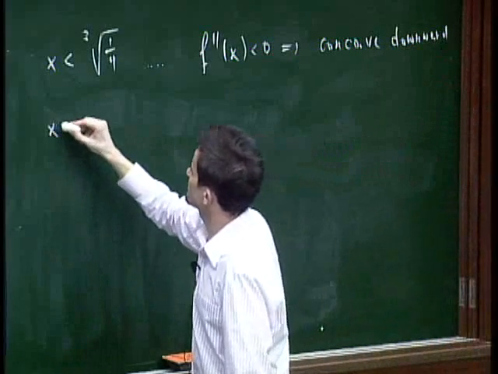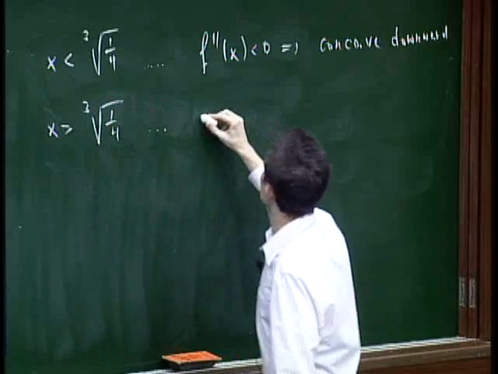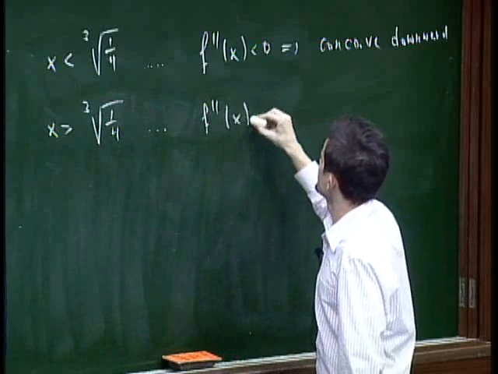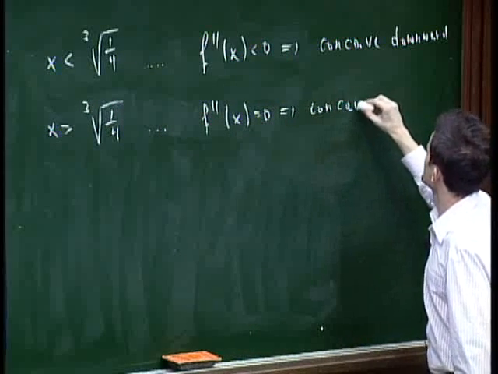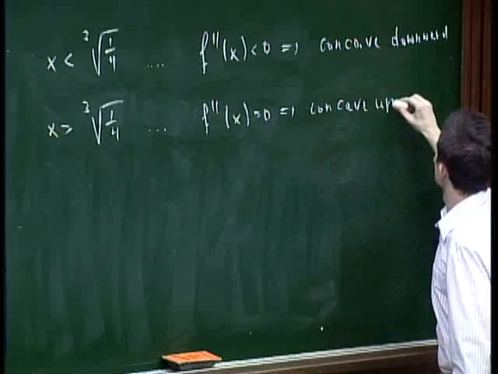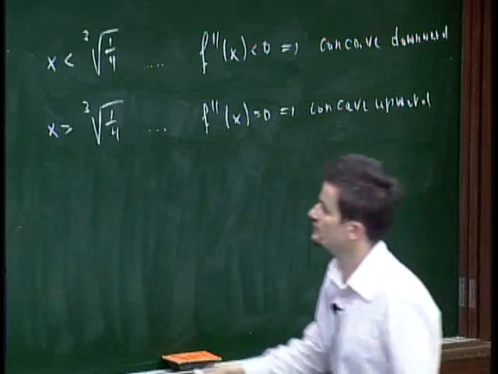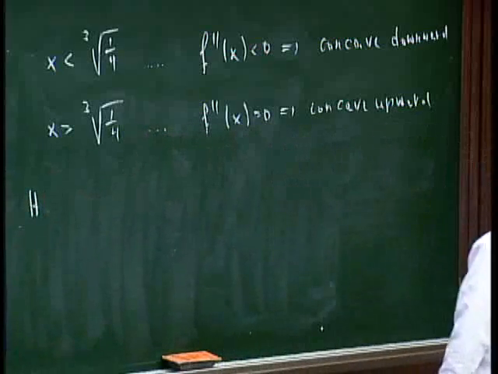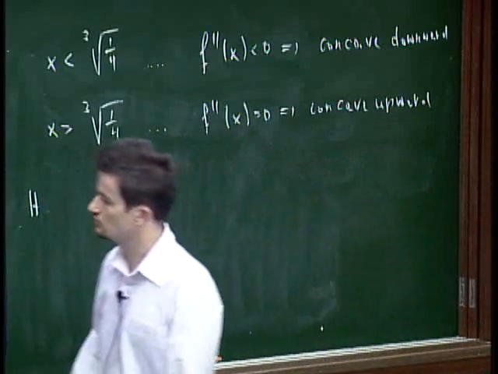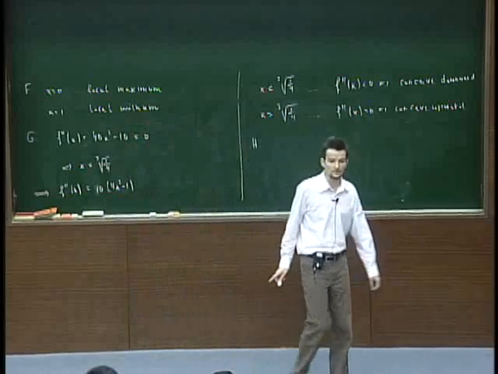And if x is larger than the third root of 1 over 4, then you see that the second derivative will be larger than 0. So we have concave upward. So the function will change its concavity behavior at the point x is equal to the third root of 1 over 4, so this must be an inflection point.